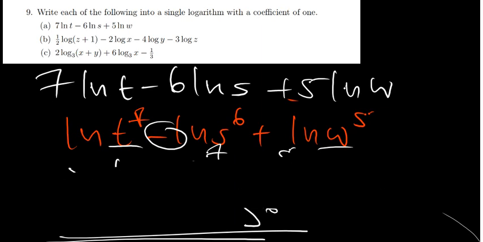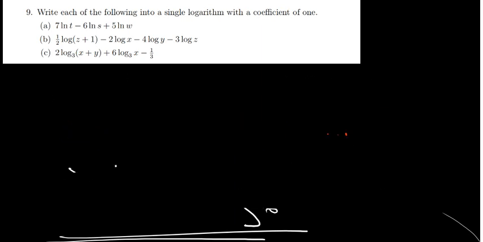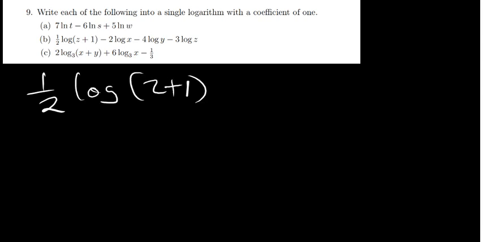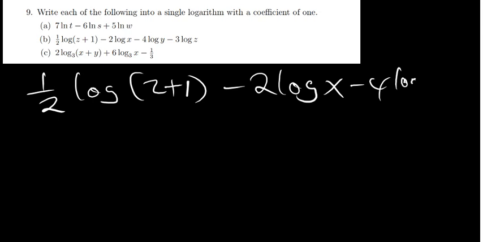Now let's go to part B. Part B is saying we have half log z plus 1 minus 2 log x minus 4 log y minus 3 log z. Now here, remember, the ones which are in front, you have to shift them.